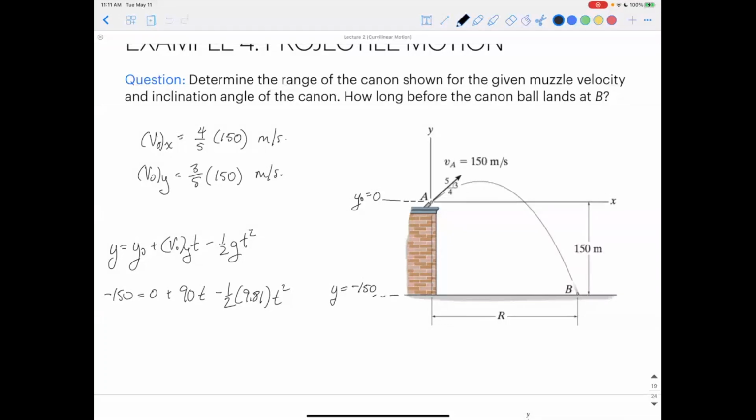If we go backwards through time or move this path backwards, it would be the time corresponding to when this parabola would cross that ground level axis. So we don't care about that negative time, we only want the positive value. If we solve this equation and only look at the positive value, we should get t is equal to 19.89 seconds.